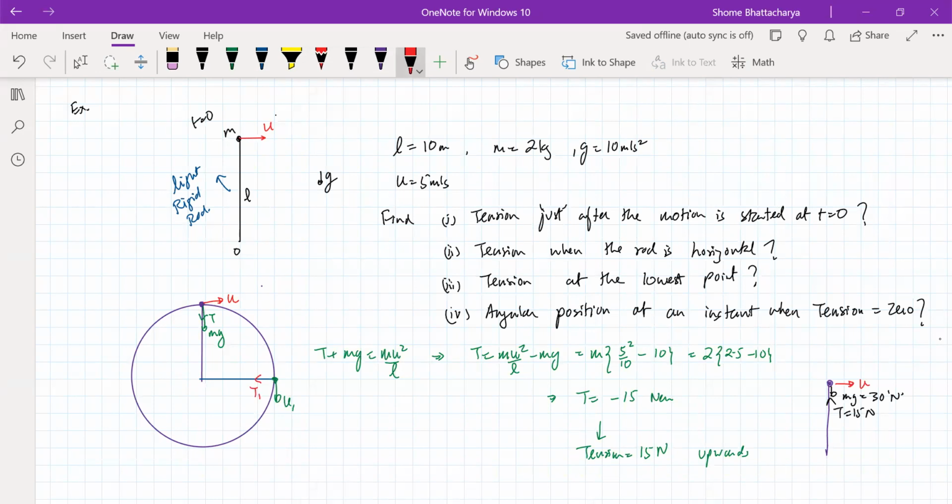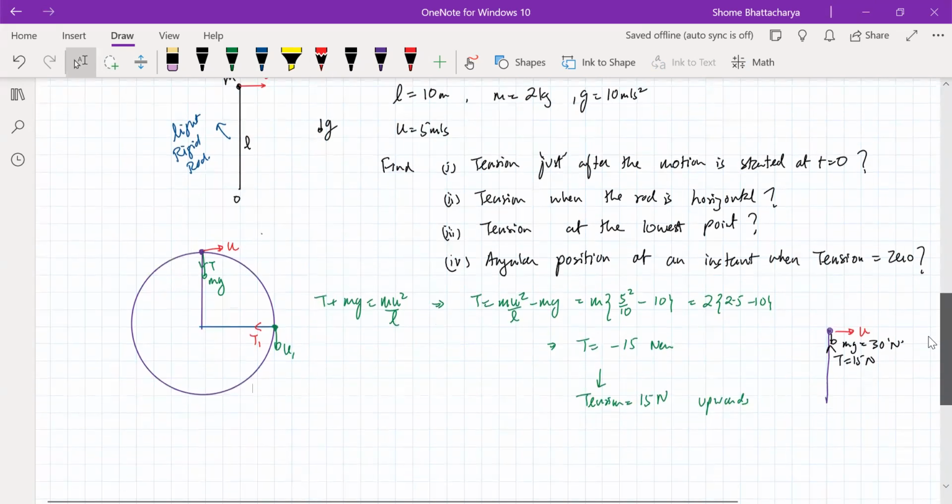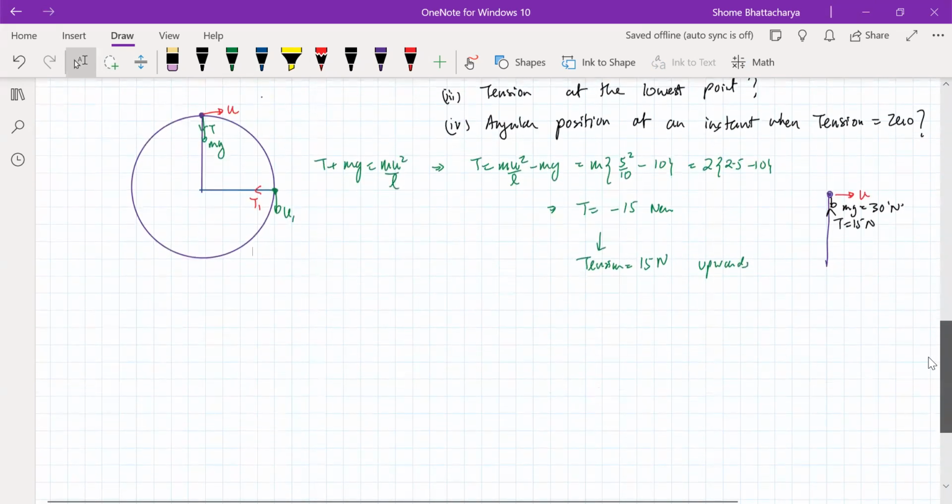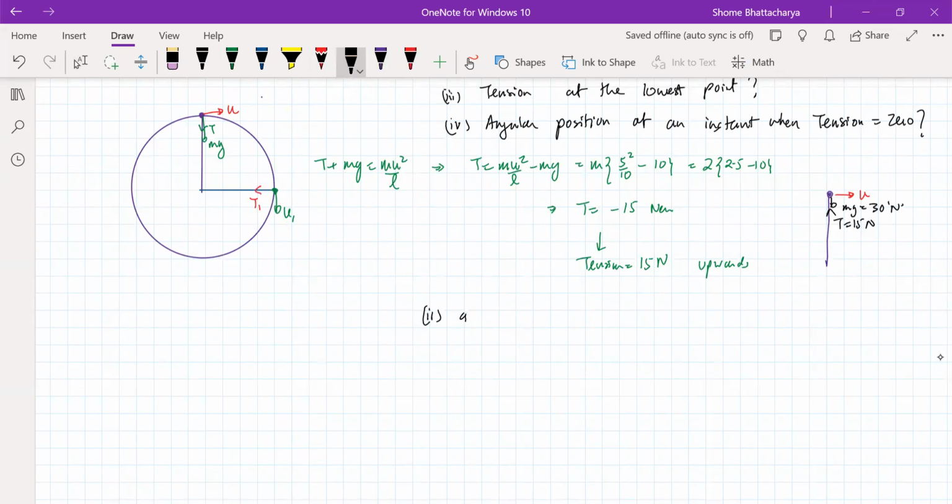So you can see here that tension will be directly mv1 square by L. The horizontal position is the one where the tension is purely centripetal force. So firstly, V1 square is equal to U square plus 2GL from work energy, because the vertical displacement is L.